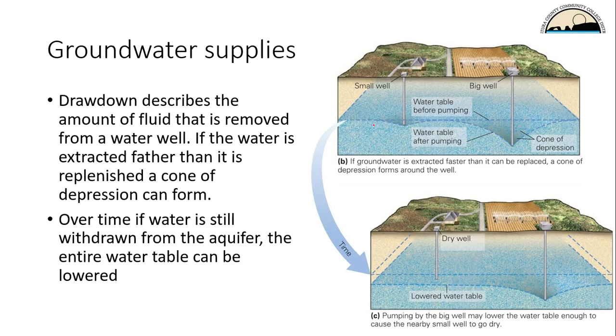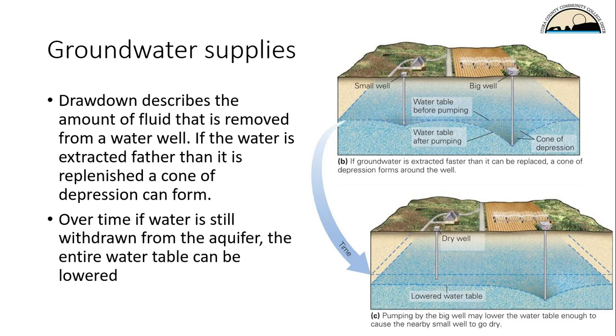Now, over time, what this diagram is showing is that the horizontal line here represents the water table. And over time, as you produce this, if we remove water, the water table is going to be overall lowered. And if you continue to pump and withdraw fluid faster than it can be recharged, then you're going to continuously lower the water table.